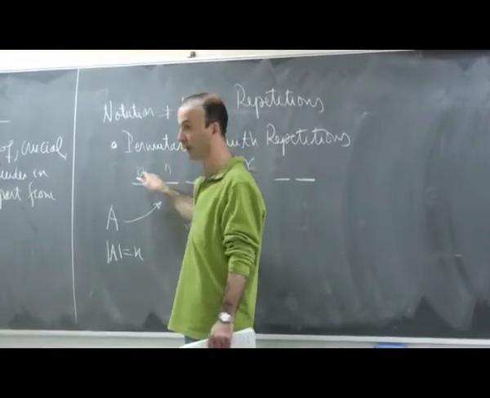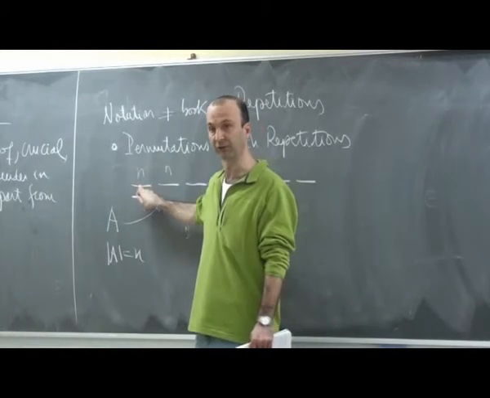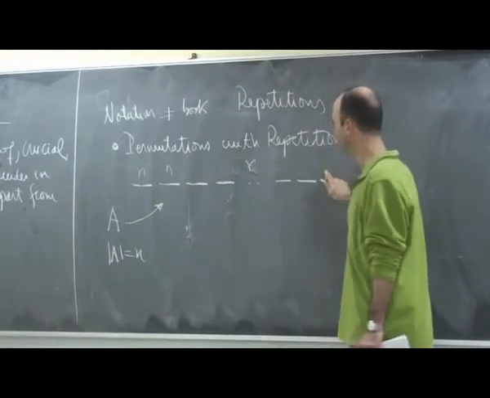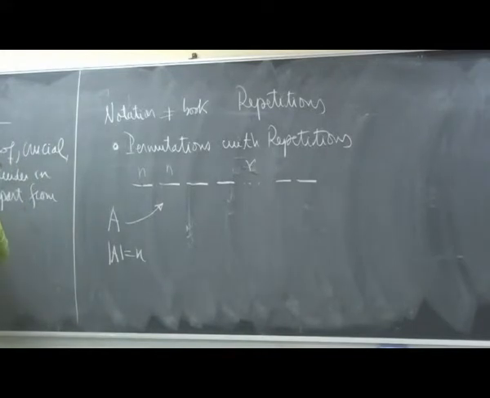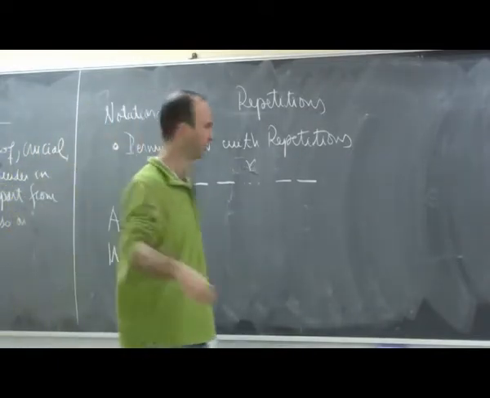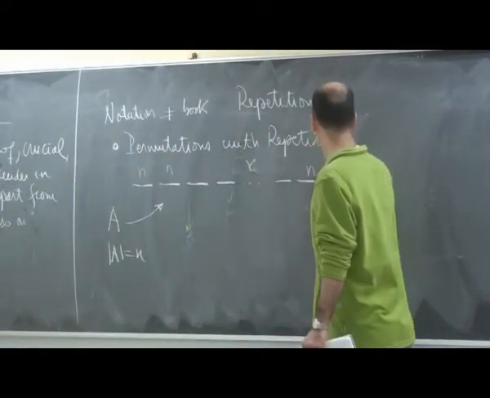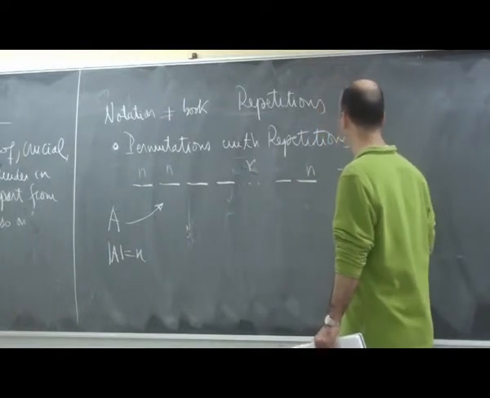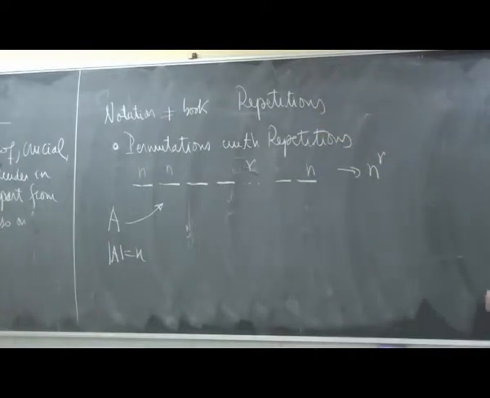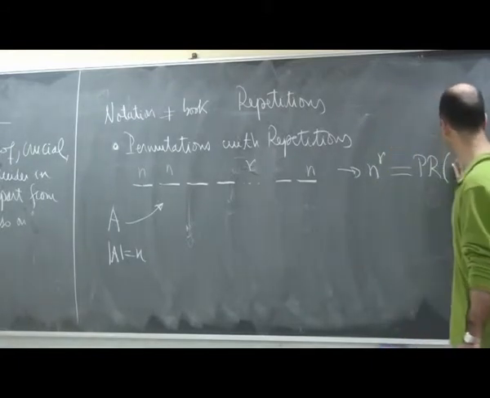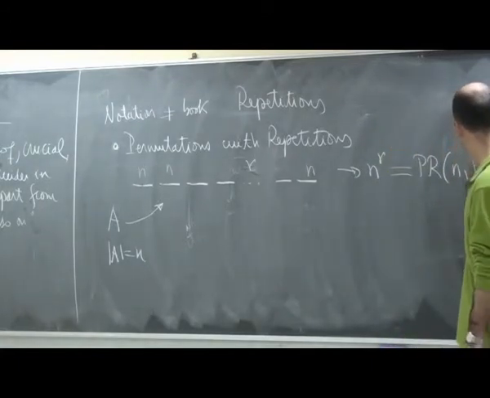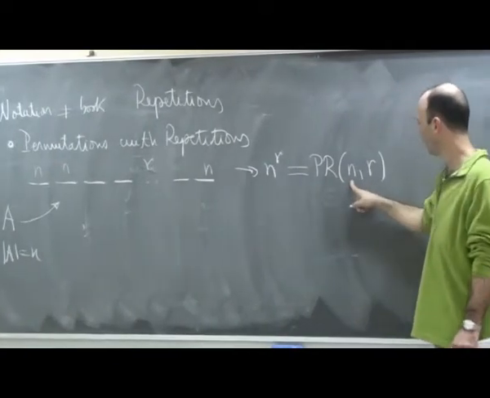N possibilities here, but because there are repetitions, so forth, so on. That's one version, successively. And this gives you n to the r. This number will be notated as permutation on repetitions and R.